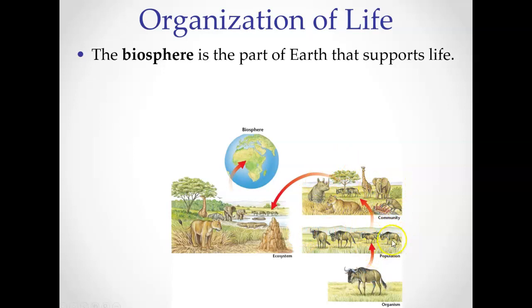A population refers to interbreeding members of the same species that live within a community, that live within an ecosystem, that live within a biosphere. And an organism is that one individual living creature that, if it reproduces, can contribute to the population, the community, the ecosystem, and so on and so forth.